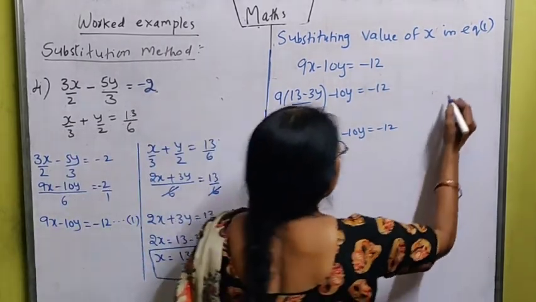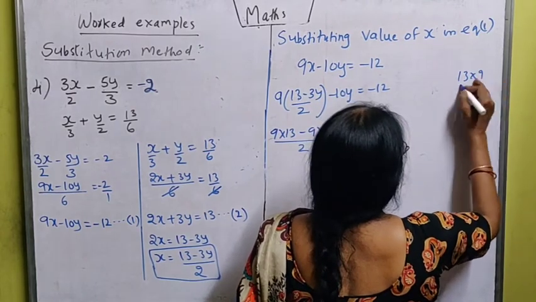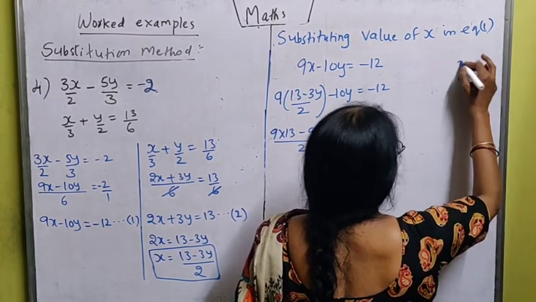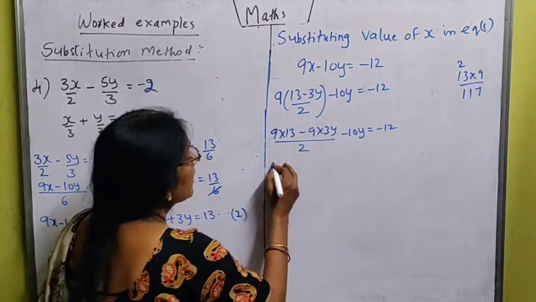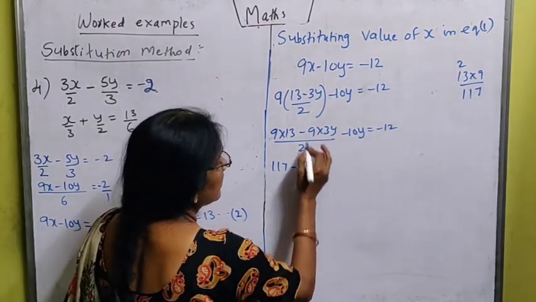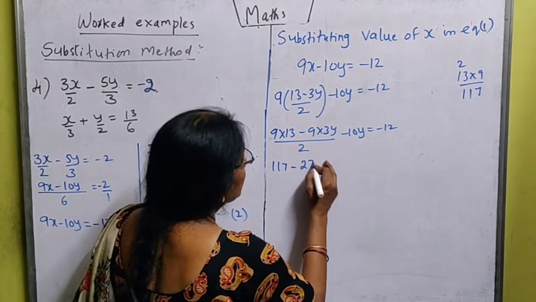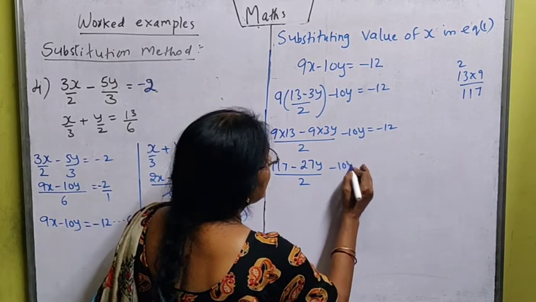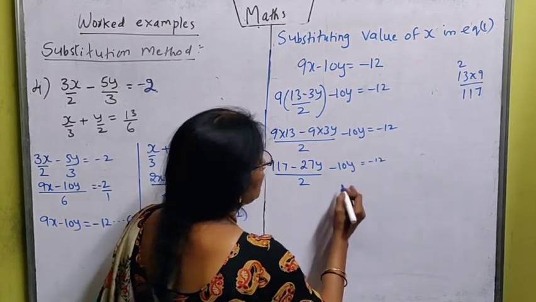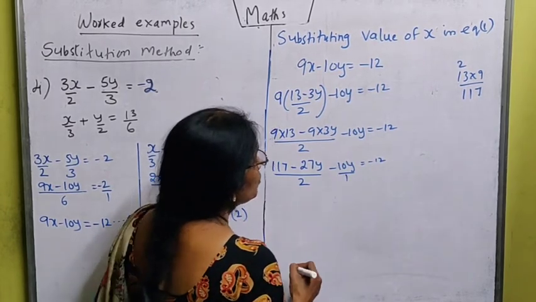9 into 13. So 13 into 9. 9 3s are 27, carry 2. 9 1s are 9, 9 plus 2 is 11. So you got 117 minus 9 3s are 27y, divided by 2, minus 10y is equal to minus 12. Now here nothing is there, means 1 is there.